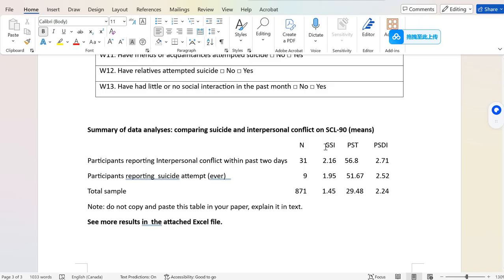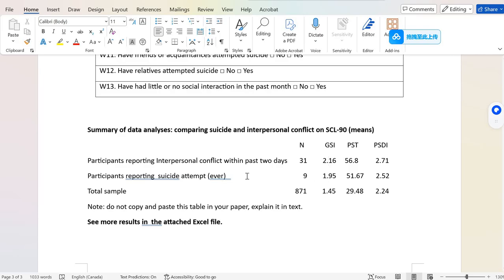One interesting finding is on the GSI. Which group has the highest GSI, Global Symptom Index? Interpersonal conflict. The persons who had interpersonal conflict within the last couple of days had the highest level of overall symptom, average symptom, 2.16.